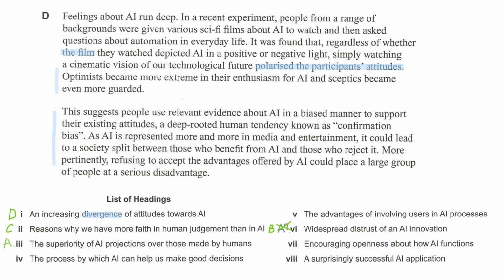In the next paragraph, we have more explanation, but even now we can say that D1, an increasing divergence of attitudes towards AI. Divergence means that your views or your positions are becoming further and further apart. They diverge, while if they're getting closer, they converge.